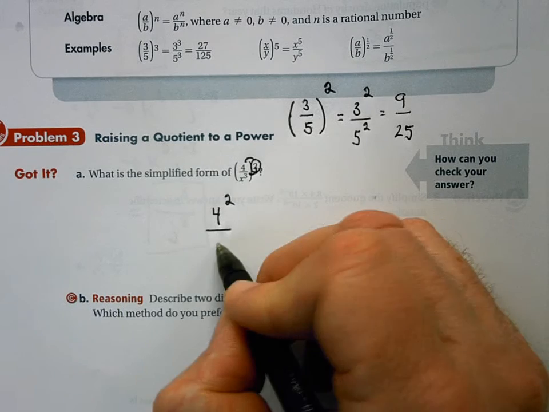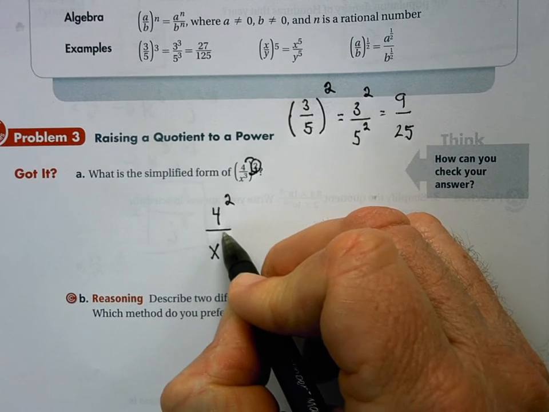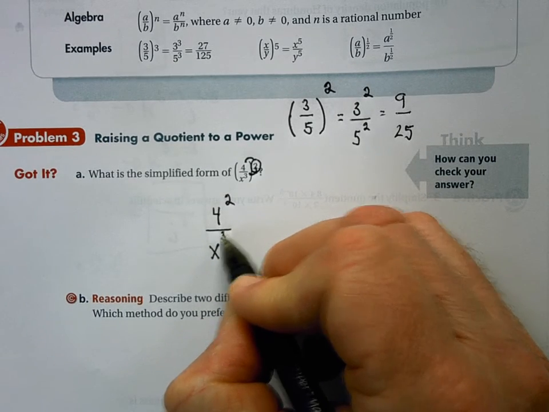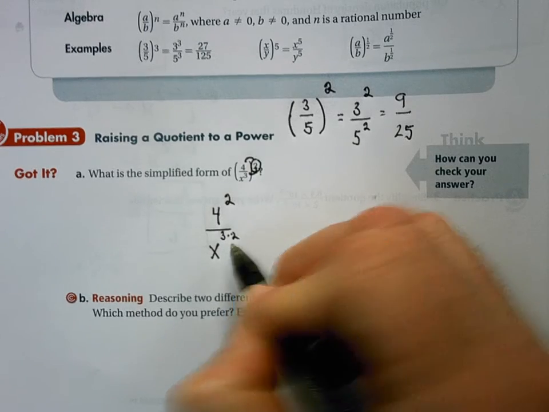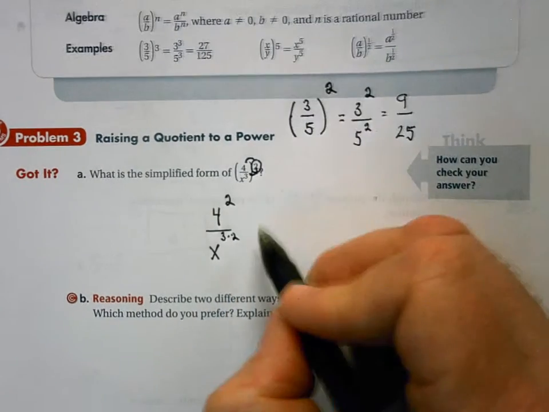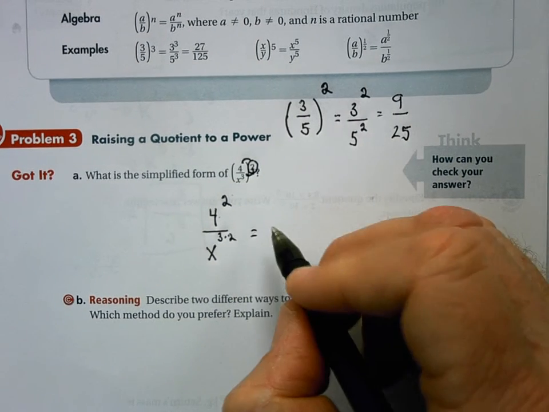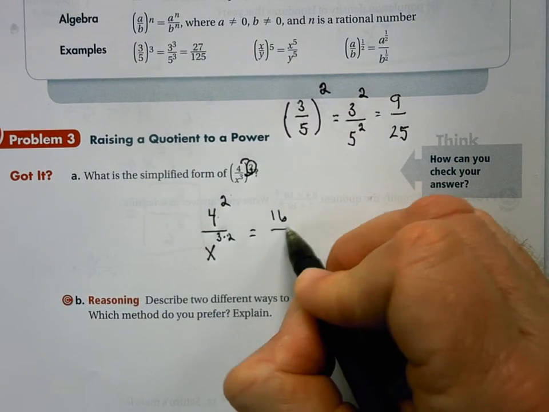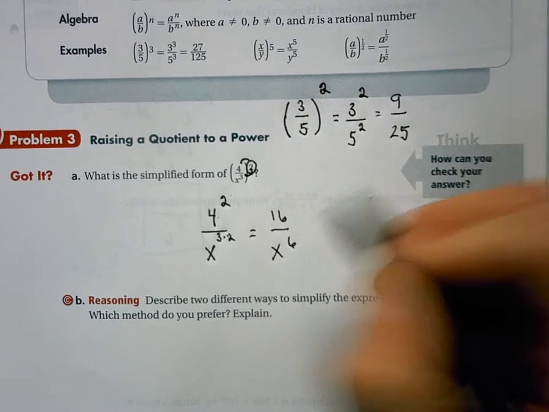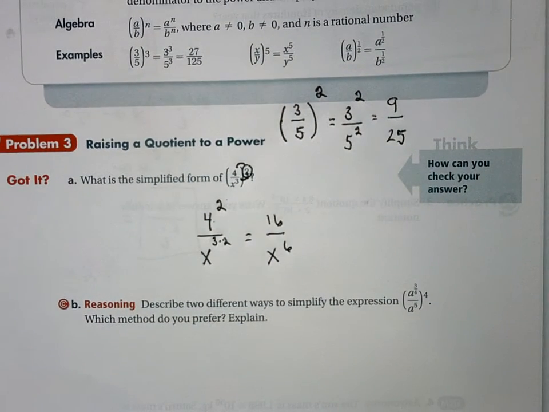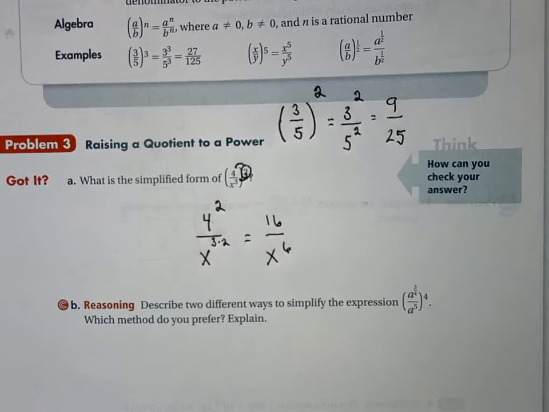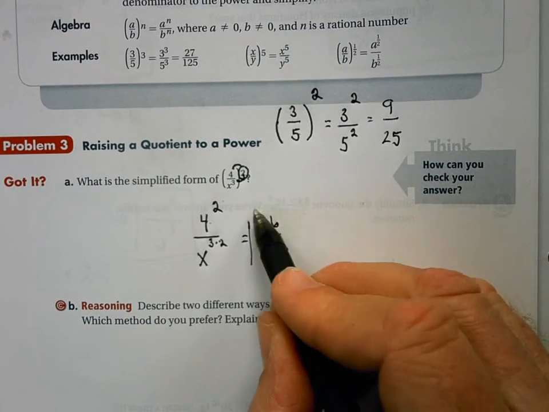So for the x's, you would go 3 times 2 for the exponent. 4 to the 2nd power is how much? 16 over x to the 6th power. And that would be your simplified version of part A.